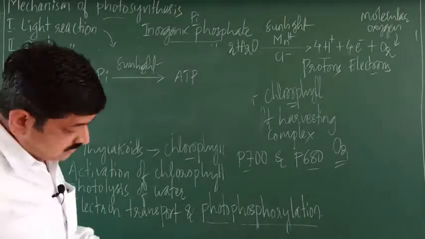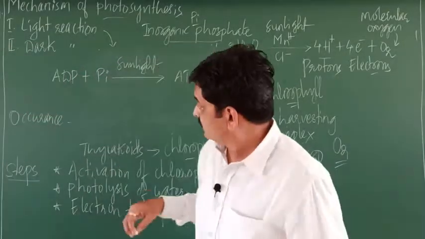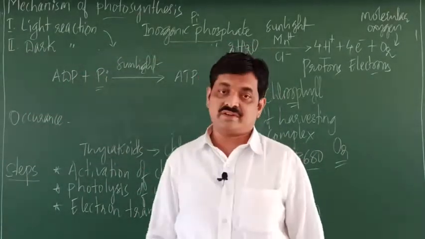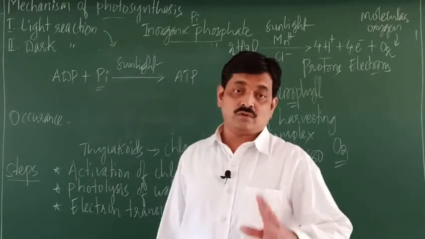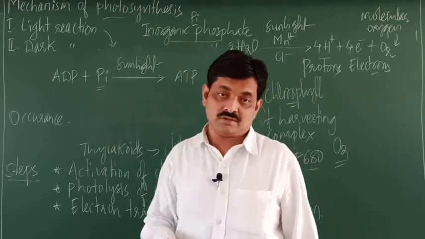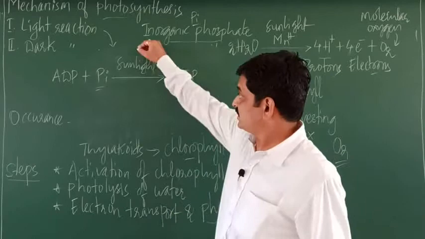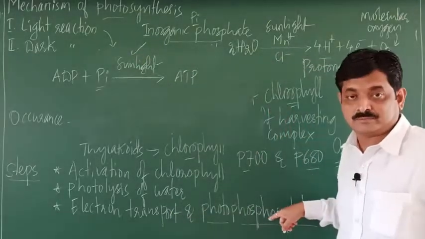So this is one reaction, right? Now here, this is inorganic phosphate which is added to this reaction. That is called phosphorylation, addition of inorganic phosphate to the reaction. When this reaction takes place in the presence of sunlight, it is called photophosphorylation.